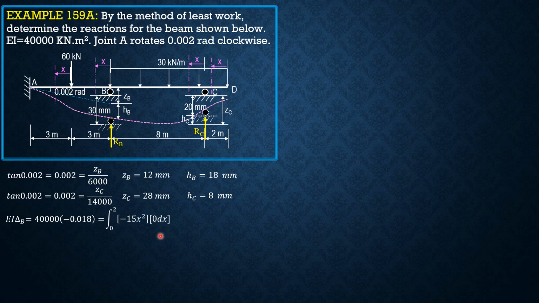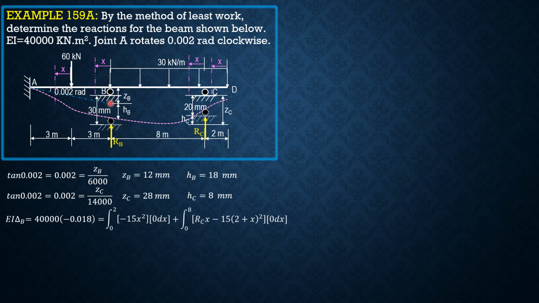Although it's 0, the moment is 30 times x over 2 negative, or negative 15x squared. But anyway, that's 0. For the next section, integral from 0 to 8 of quantity R sub C times x minus 30 times (2 plus x). Then the moment arm is (2 plus x) over 2, so that's why you have minus 15 (2 plus x) squared. The derivative with respect to R sub B is 0 because there's no R sub B here.